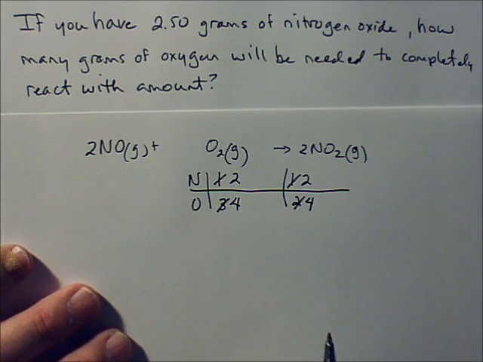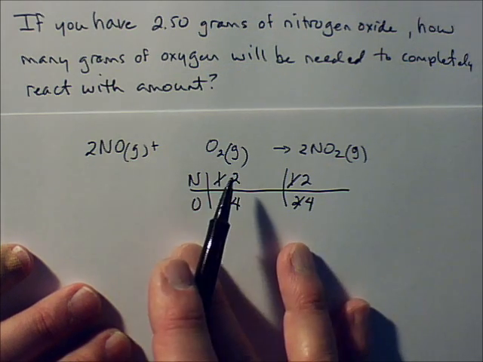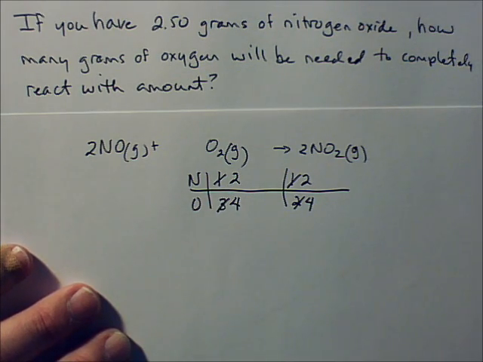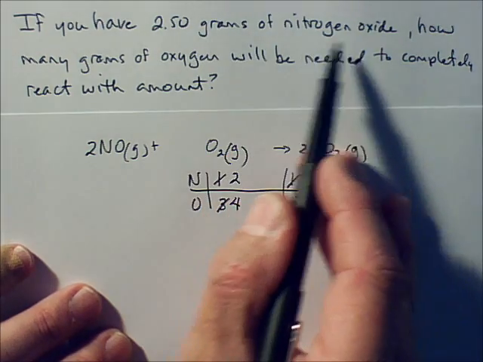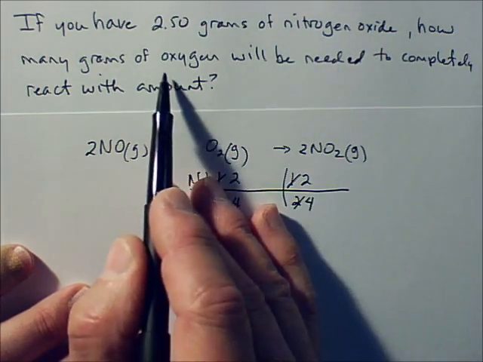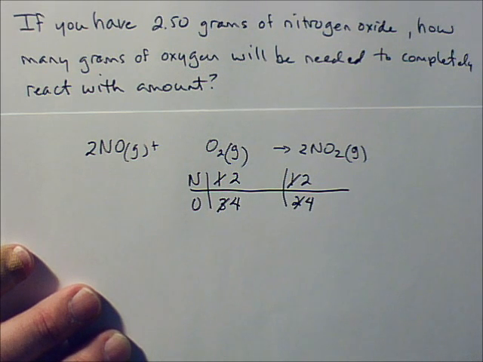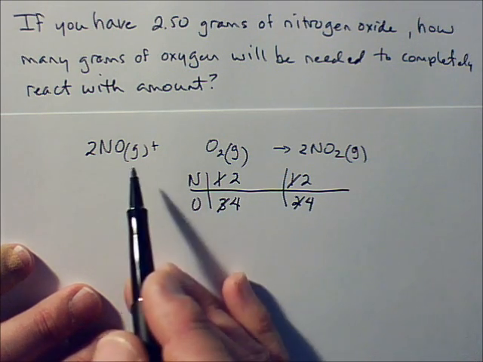I don't need to do it again, but we're going to need this balanced equation to be able to solve this problem, because we're going from one species, nitrogen oxide, to another species, oxygen. Anytime you go from one species to another, you need a balanced equation.